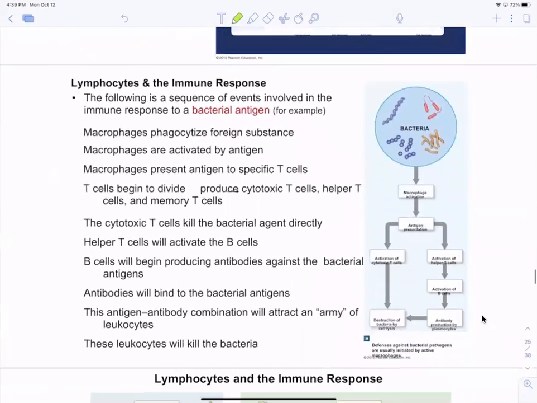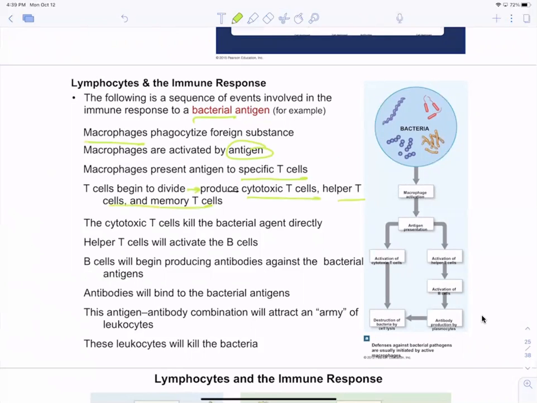And this kind of goes through a basic response to bacteria. Bacteria is much easier to deal with than viruses, but it basically goes through this process, right? So you have bacteria present, that bacteria gets phagocytized, and it recognizes the antigen on the membrane of the bacterium. And so the T cells begin to divide, producing cytotoxic T cells, helper T cells, and memory T cells.